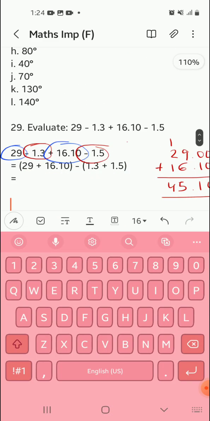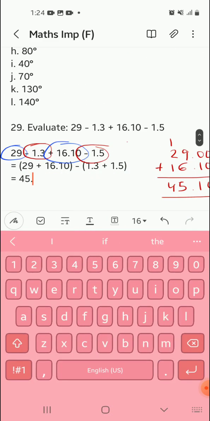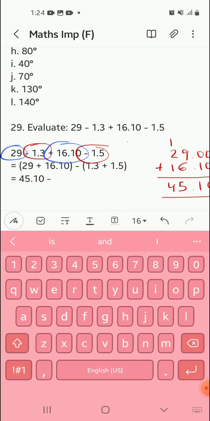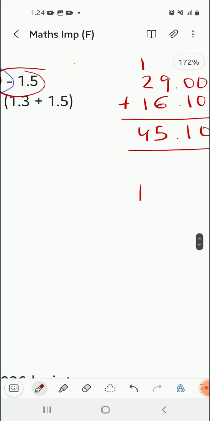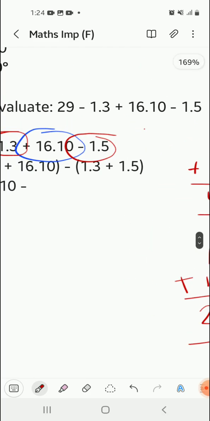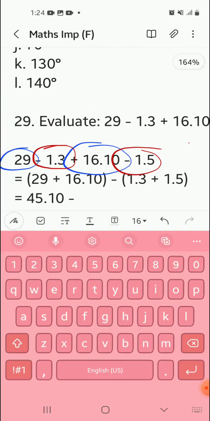So we've got 45.10. From here we have to subtract the total of the negative numbers, that is 1.3 and 1.5. Let's add these two. This is 2.8. So from 45.10 we are going to subtract 2.8.